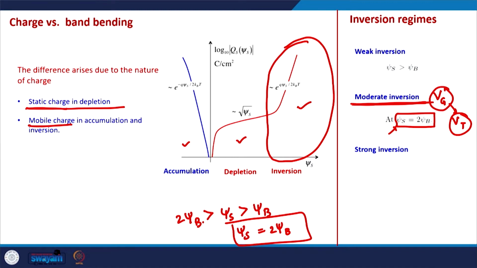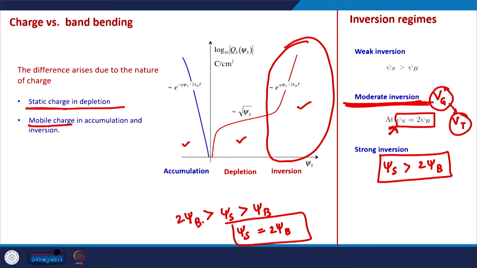So that's why it is known as the moderate inversion, because even at this point, the depletion charge is quite significant in the semiconductor, and at the interface, the mobile charge is just equal to the depletion charge per unit area. And the strong inversion happens when psi s is slightly more than 2 psi b.